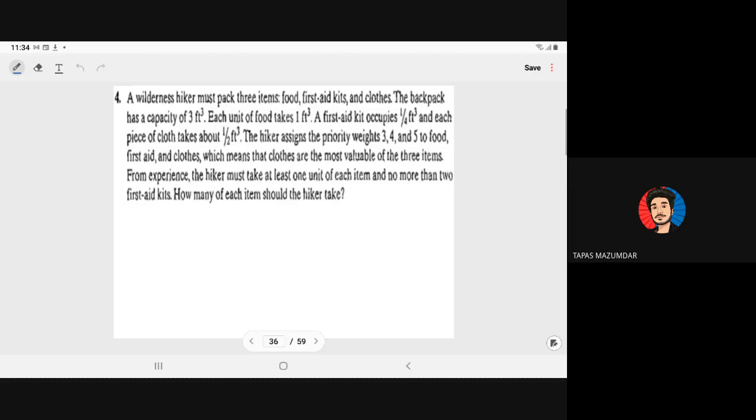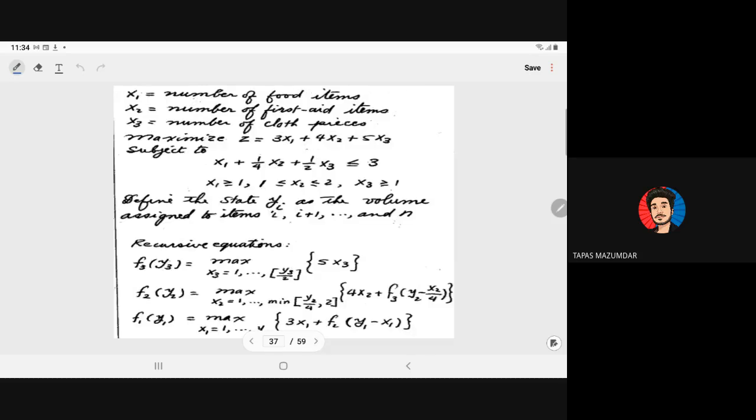Here it is written the priority weight. So 3x1 plus 4x2 plus 5x3 subject to x1 plus 1 by 4 x2 plus 1 by 2 x3 less than equal to 3.